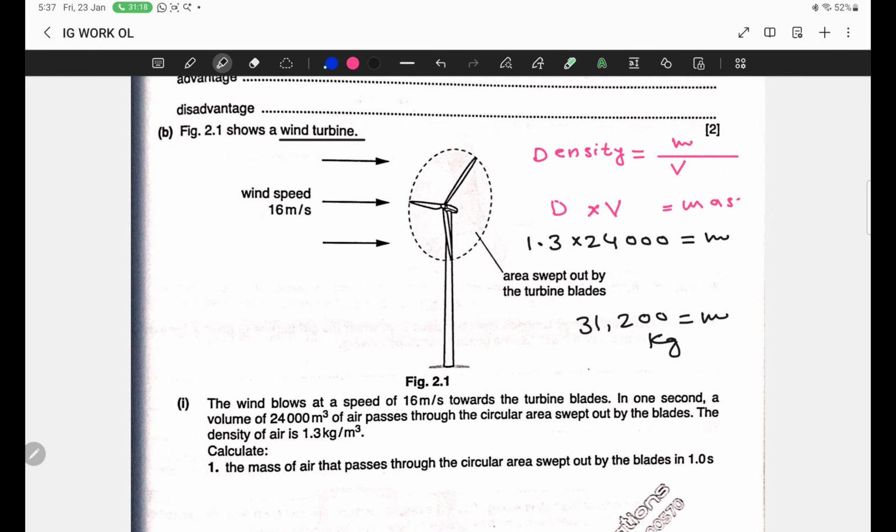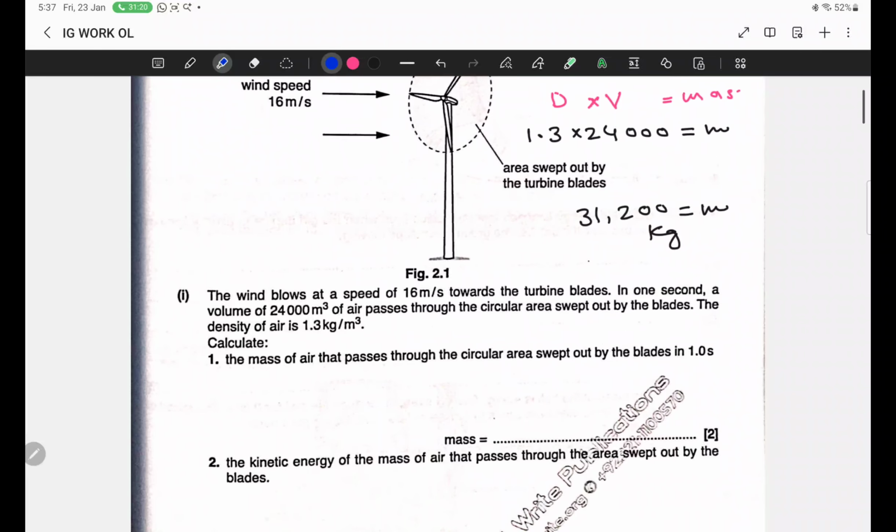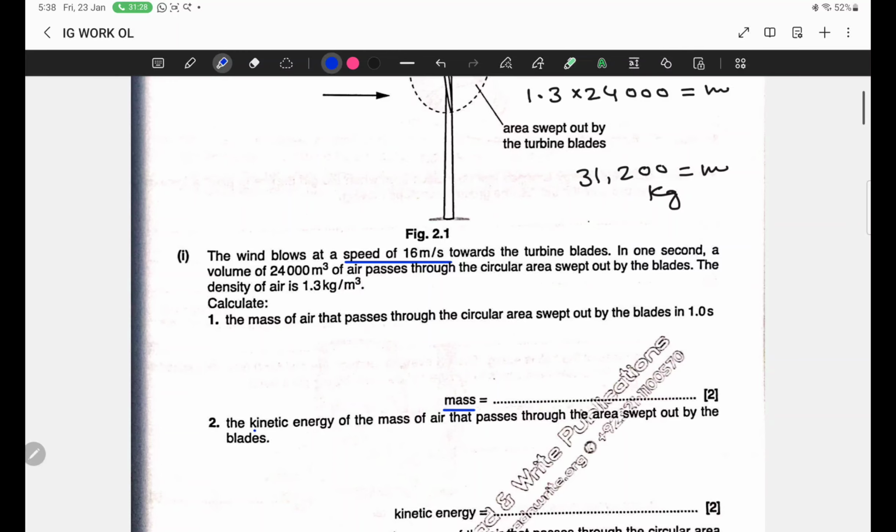And now the second part of the question is, sir, you are given speed of the air and you have calculated mass, and now they are asking calculate kinetic energy. Calculate kinetic energy of air.